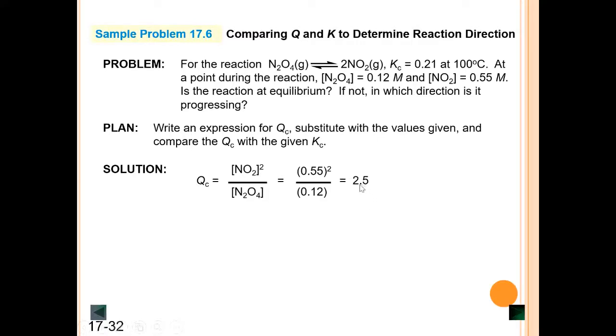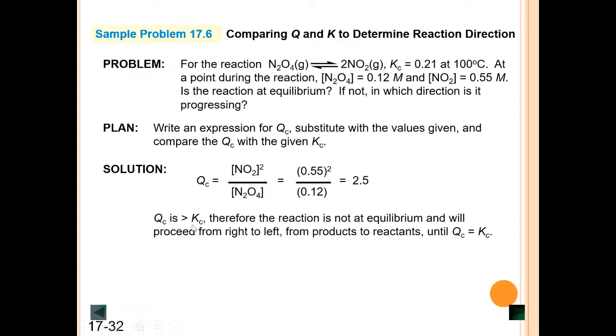Then we have to compare the value of the Qc that we calculated with the value of the Kc that is given: 2.5 compared with 0.21. Then we know that our Qc is greater than Kc. When Qc is greater than Kc, it means that the reaction is not at equilibrium.